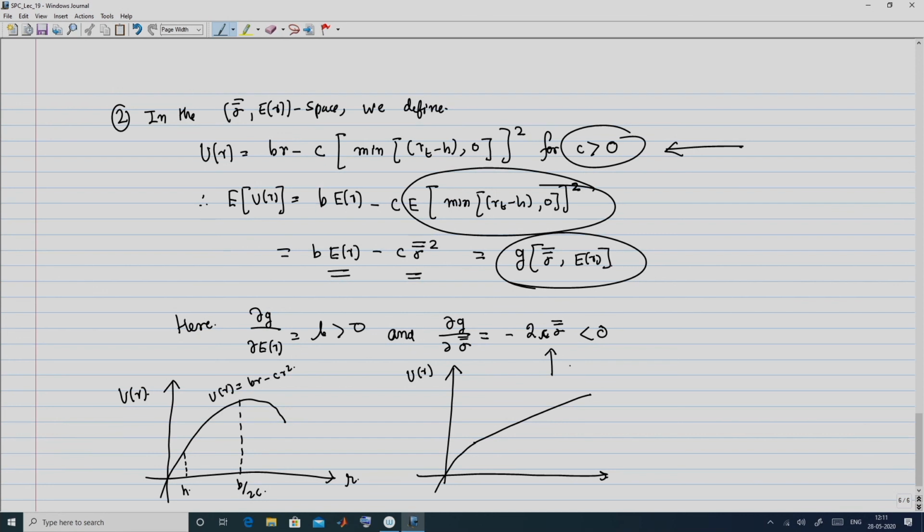So, here this U of r is simply going to be B of r minus C times the minimum of RT minus H comma 0, squared, and your H will be here. This part is going to be the quadratic segment of the definition, and this is going to be the linear segment.